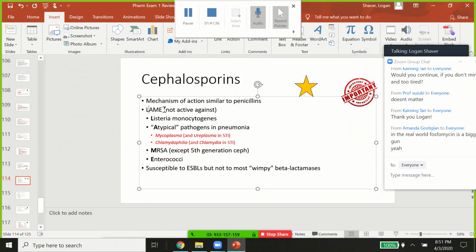LAME is the little mnemonic for what it doesn't cover. That's Listeria, and then the atypicals, so you've got Mycoplasma and Chlamydia. It doesn't cover those, it doesn't cover MRSA, and it doesn't cover enterococci.